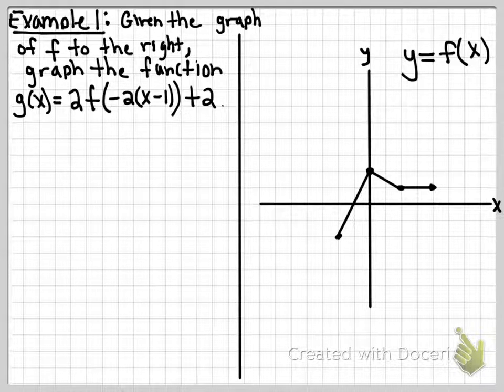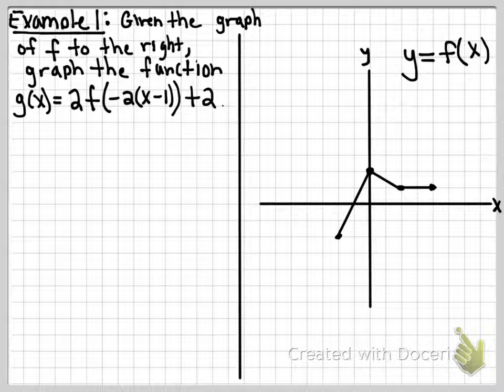We are working on the first example, and given a function y equals f of x graphically on the right hand side, we want to graph this function g of x given by 2 times f of (negative 2 times the quantity x minus 1), plus 2.